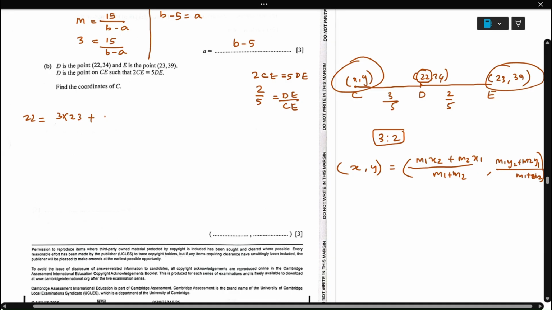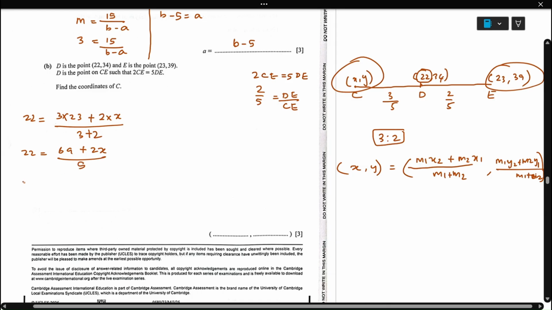So 2 times x over 3 plus 2. So 22 equal to 69 plus 2x over 5.